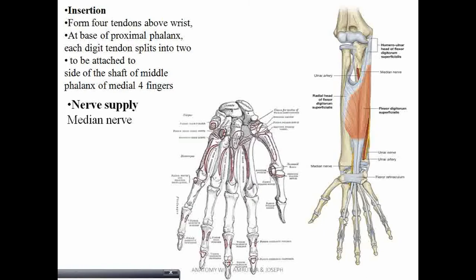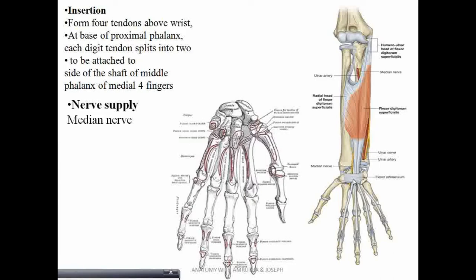When it reaches the proximal phalanx, it splits into two, and it is attached to the sides of the shaft of the middle phalanx of the medial four fingers. So each tendon, when it reaches near the proximal phalanx, divides into two and is inserted into the middle phalanx. This happens for all the medial four fingers.